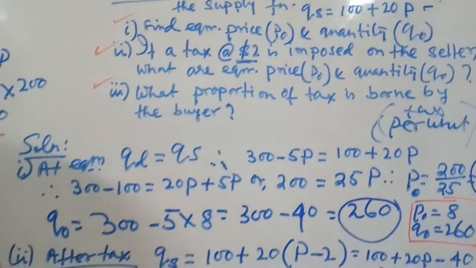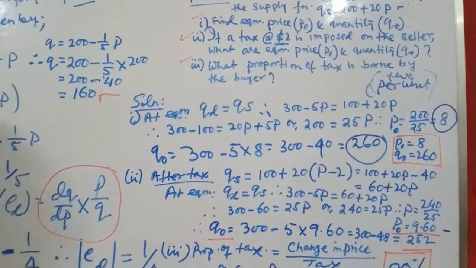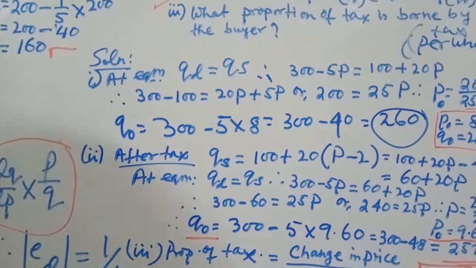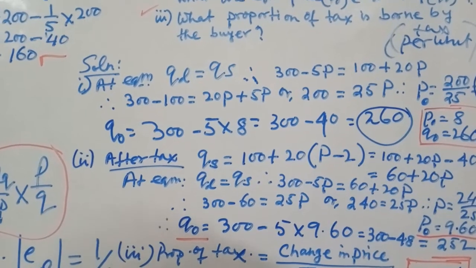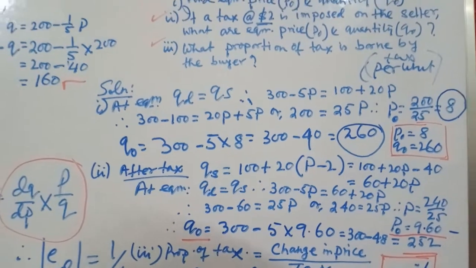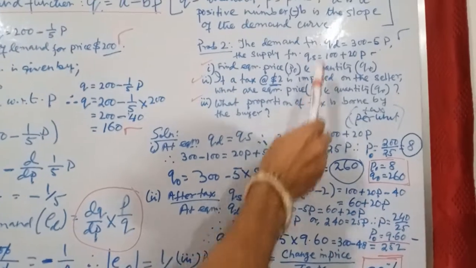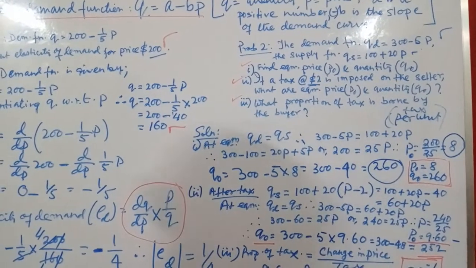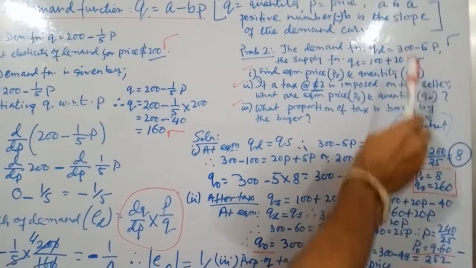So first come to part 1. We have to find out the equilibrium price and equilibrium quantity. We know at equilibrium, quantity demanded is equal to quantity supplied. So we equate the demand function and supply function, that is QD equals QS. So 300 minus 5P is equal to 100 plus 20P.